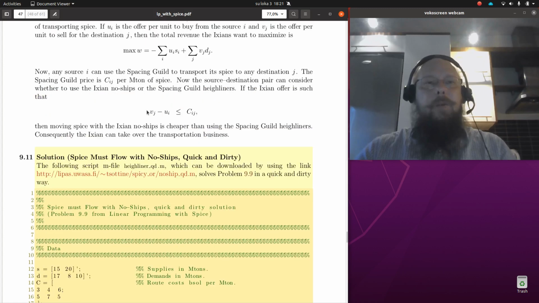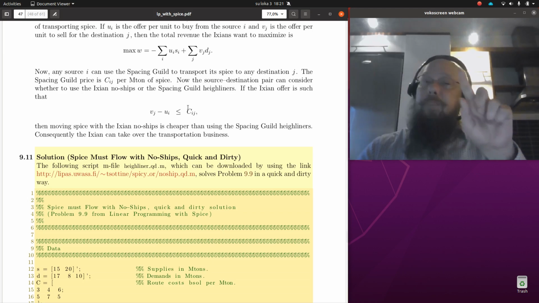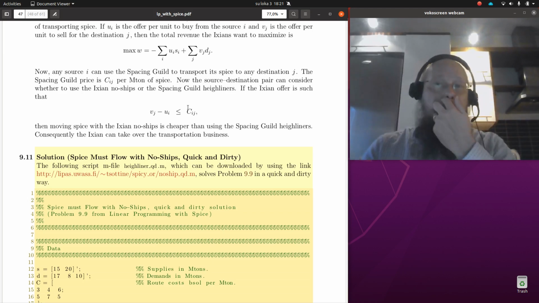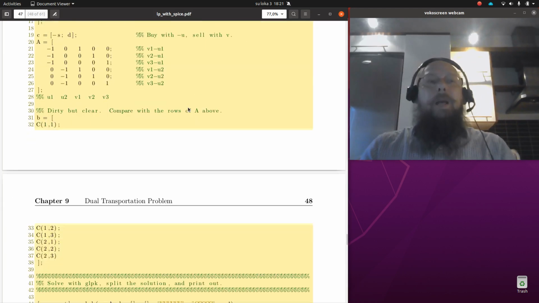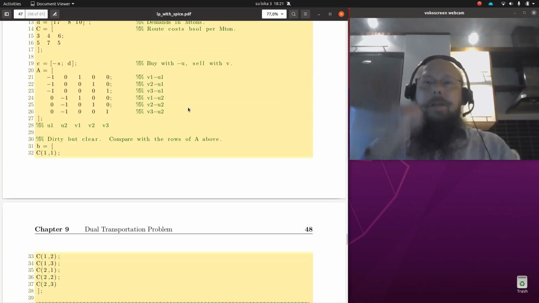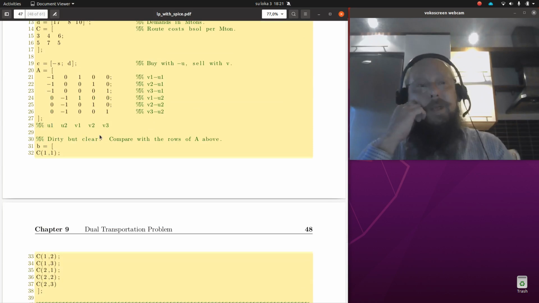So technology was the coefficients here. Then we need the upper bounds, Cij. So we have to unfold this. We could use this C prime and then the colon unfolding, something like that. I do it by hand here, just to make this very quick and very dirty and very clear what goes on. So this is dirty, but it's clear.